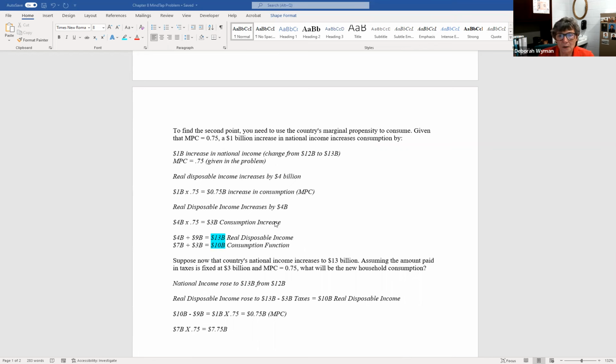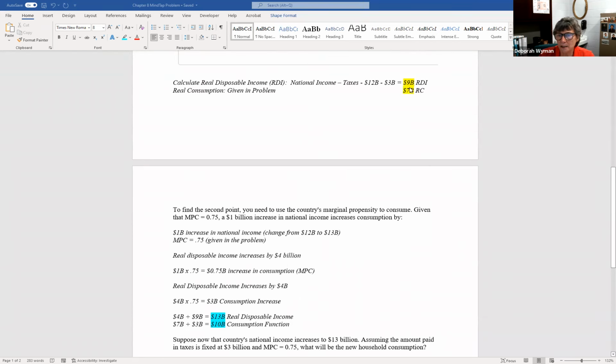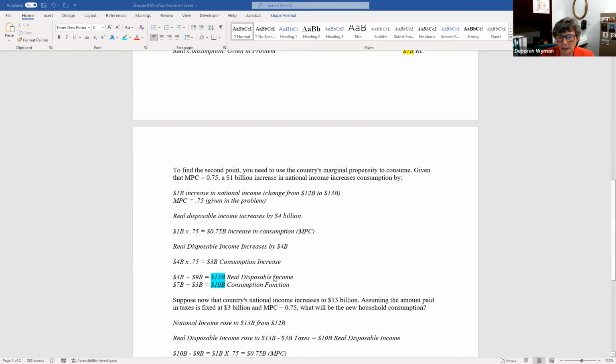So what we know is that the real disposable income changed from 12 to 13. So we have 13 billion here. And then 7 plus 3 billion is 10 billion for the consumption function. The other way to come out to the real disposable income is a $4 billion increase added to the 9 billion real disposable income, which would give you 13 billion in real disposable income.